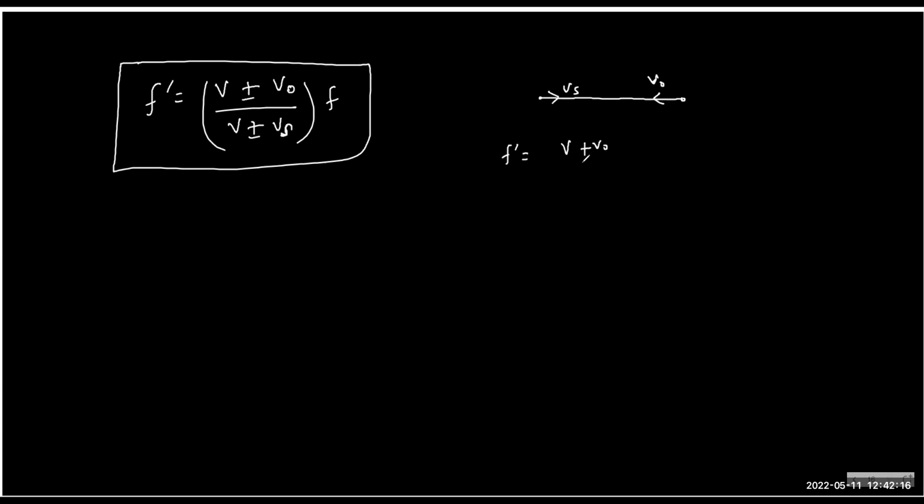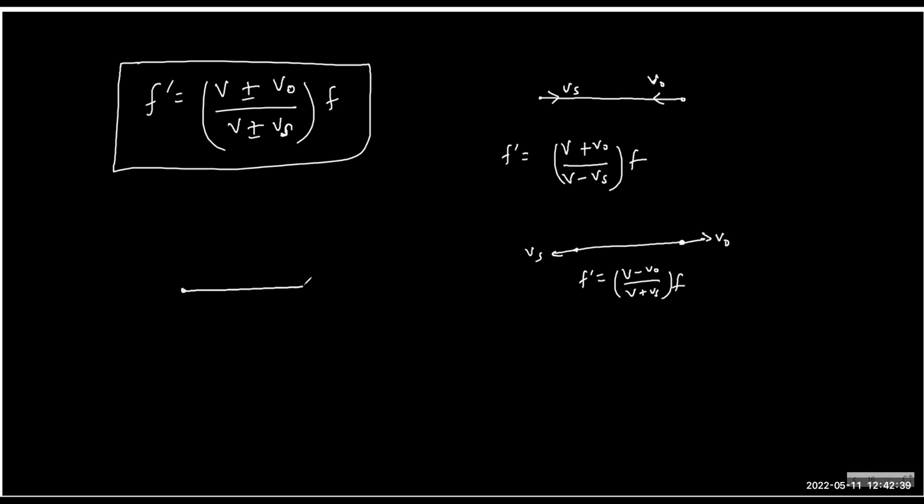Plus. And the denominator should be plus or minus? Negative. See, that's the answer. You take any situation, they go away. So now this is the minimum case. So the numerator should be negative and the denominator plus. Let's say only the source is moving, the observer not.